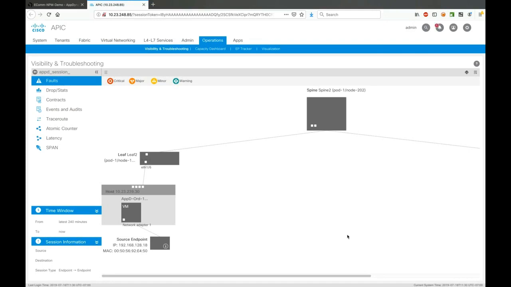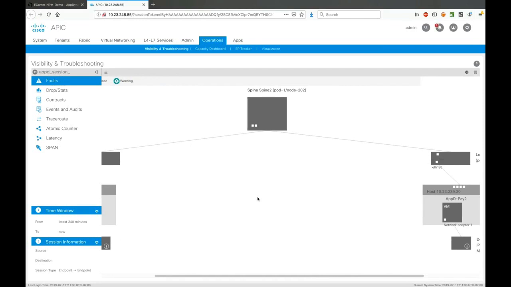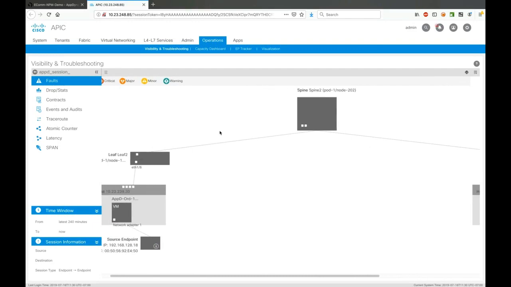So this is not random information from the app operations team to the network operations team that there is some network problem. Here you have the right context between two services, in this case between this order service and the payment service.